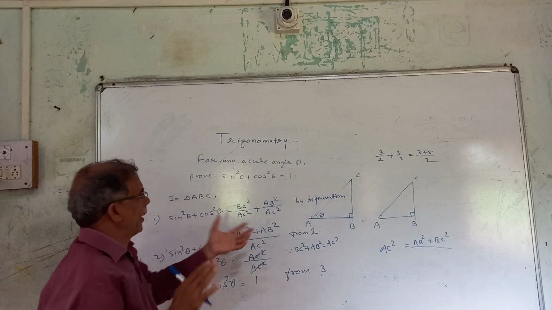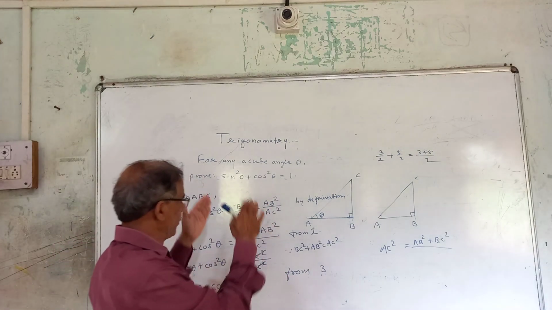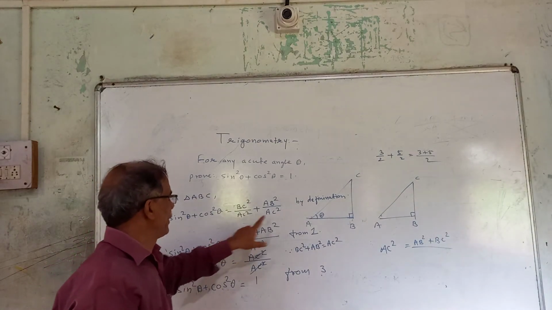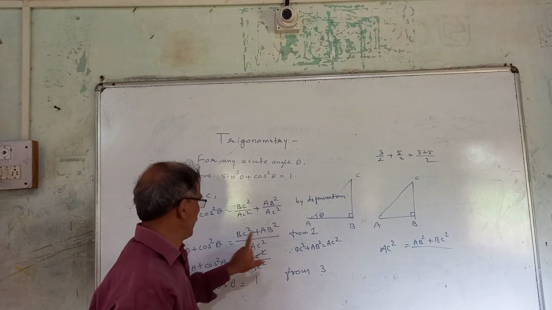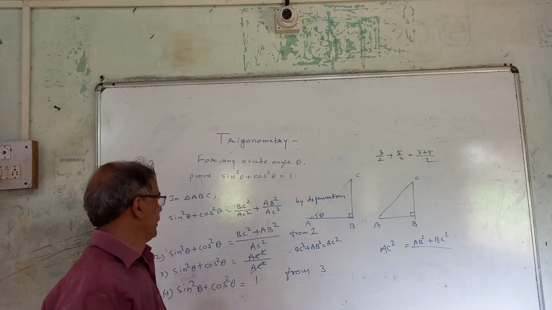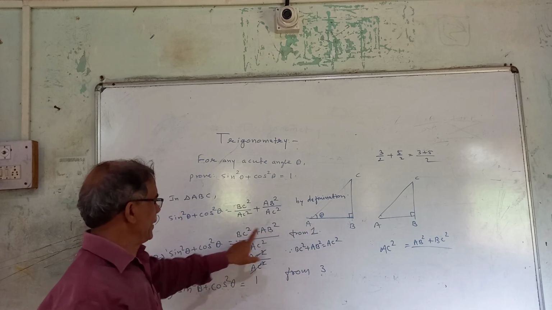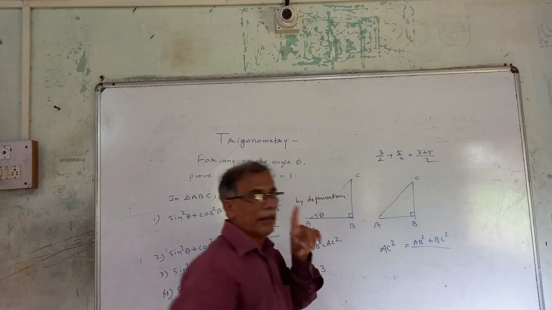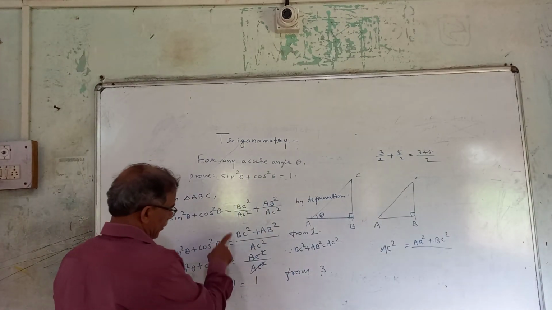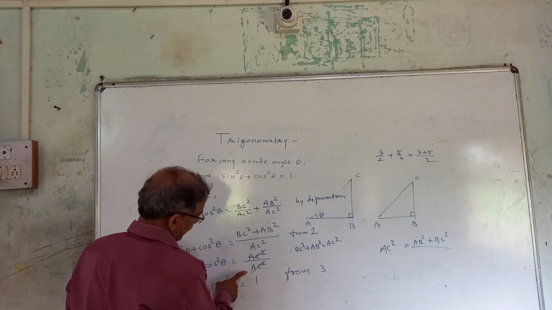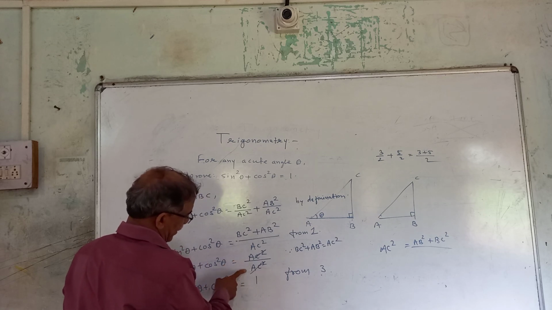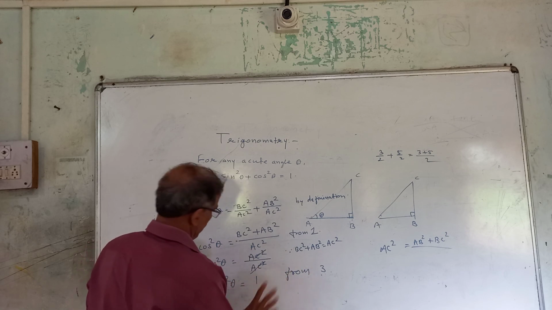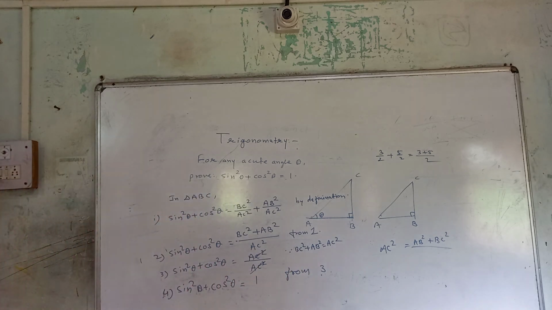You should know only how to write this statement. Then it is only the calculation part. You can see the denominator is the same, so you will add the numerators only, that is from 1. Then go see in the figure, BC square plus AB square is equal to AC square by Pythagoras theorem. So that is equal to AC square upon AC square. Any number upon the same number, they get cancelled and we get 1. And therefore, sin square theta plus cos square theta is always equal to 1 for any acute angle. Okay.